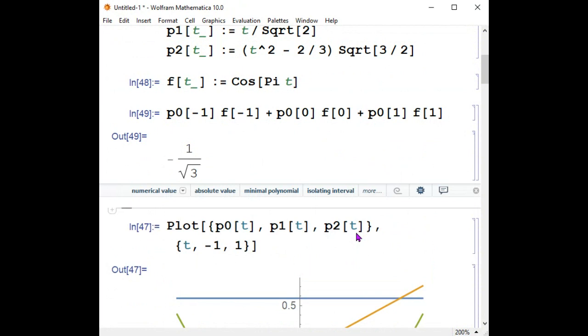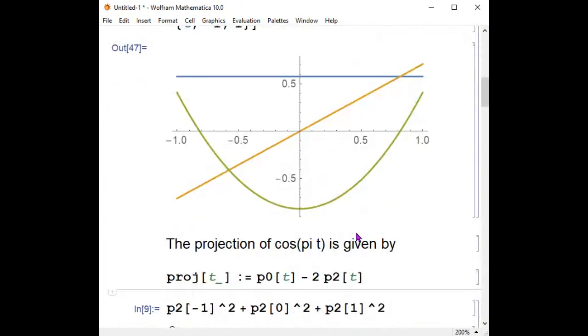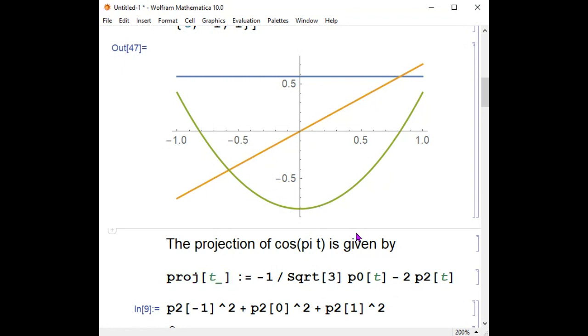It's -1 over the square root of 3. So I'm going to do my projection as -1 over the square root of 3 times P0.